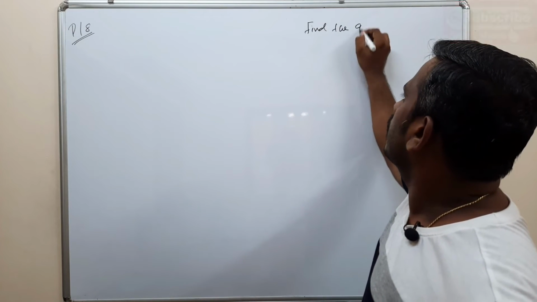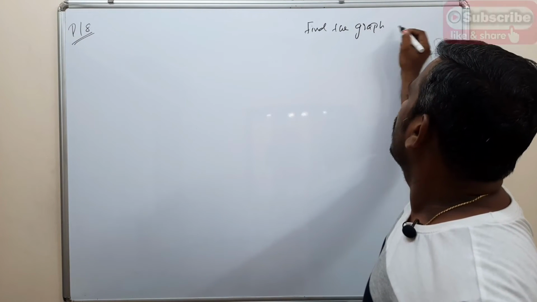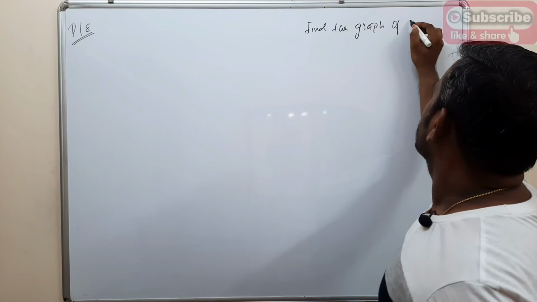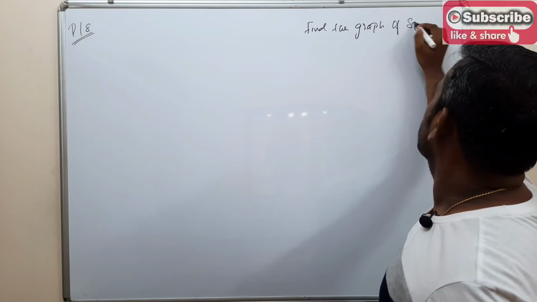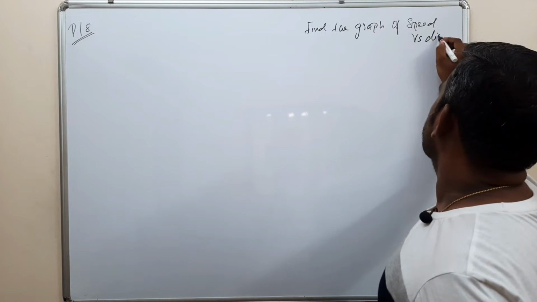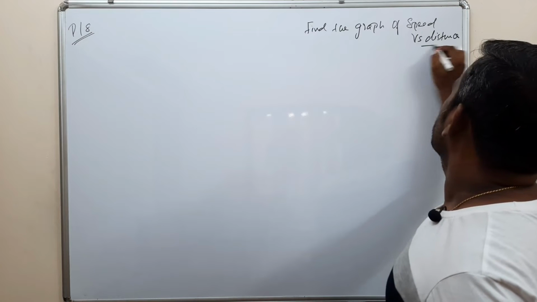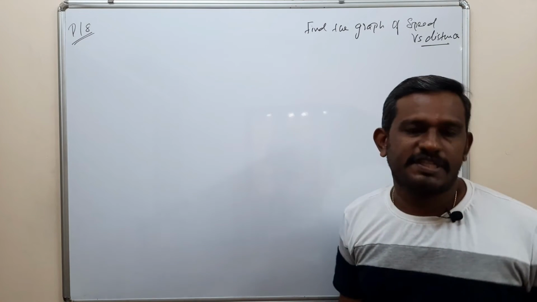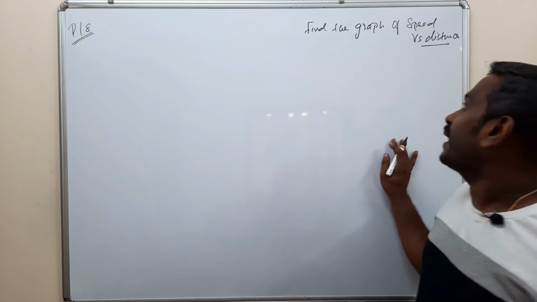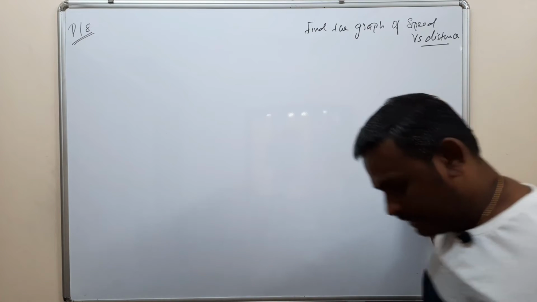Find the graph of speed versus distance. A body starts from rest and moves with a constant acceleration, so find the graph of speed versus distance.